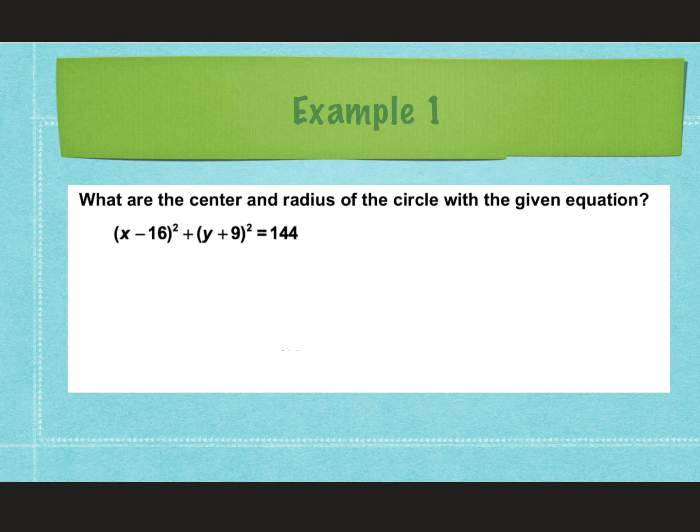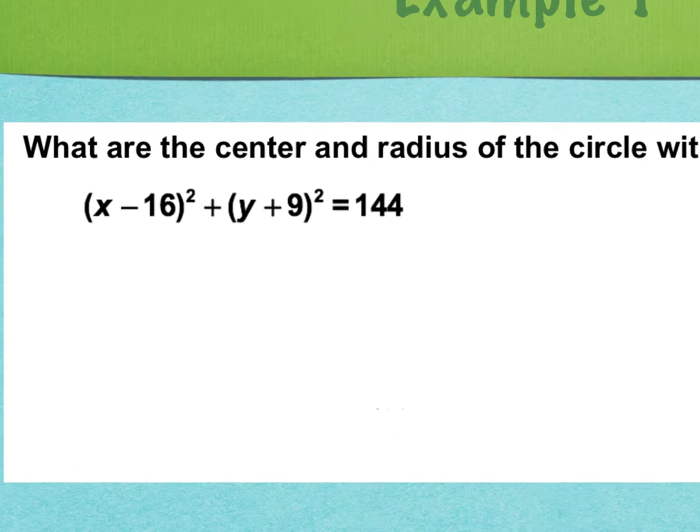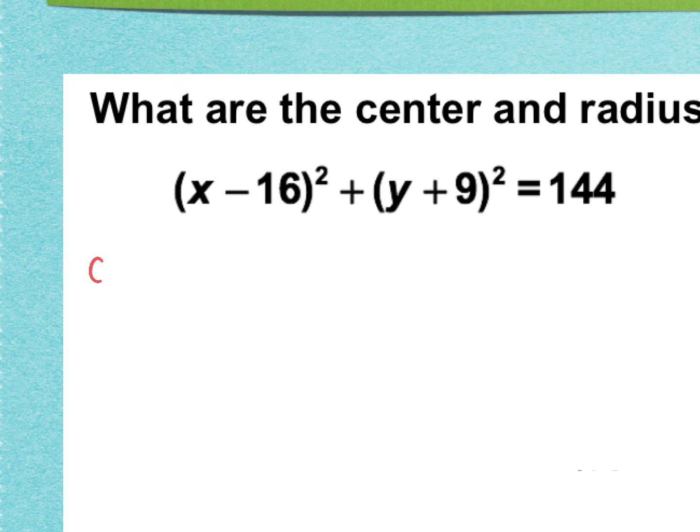So let's take a look at our first example. We have to find the center and the radius of the circle. So center would be what? So it would be positive 16 and negative 9 because we have to flip the signs of both of them. Yep. So we always switch the signs.